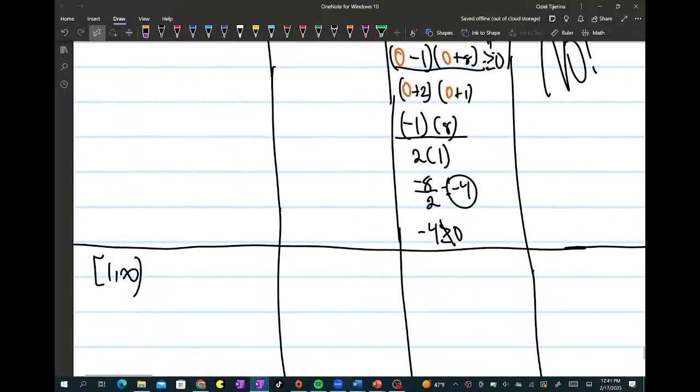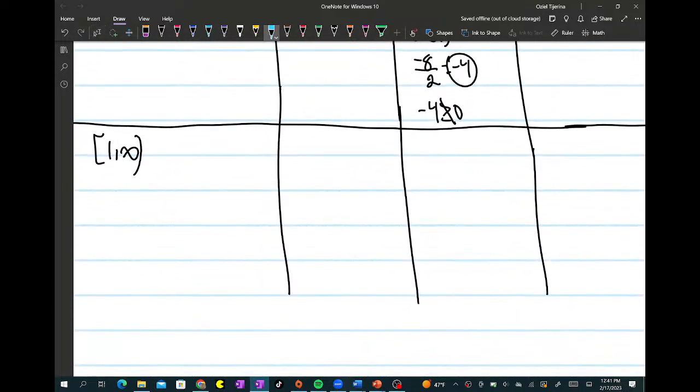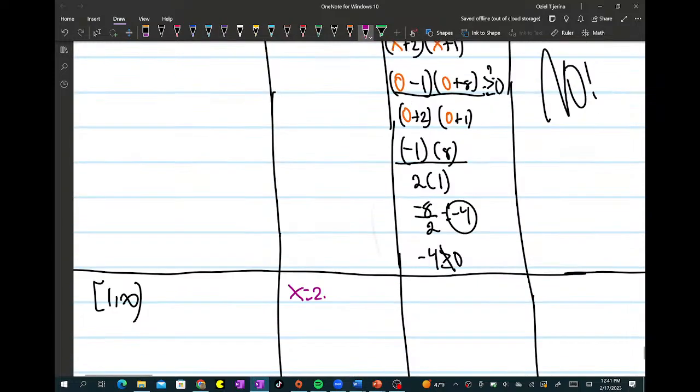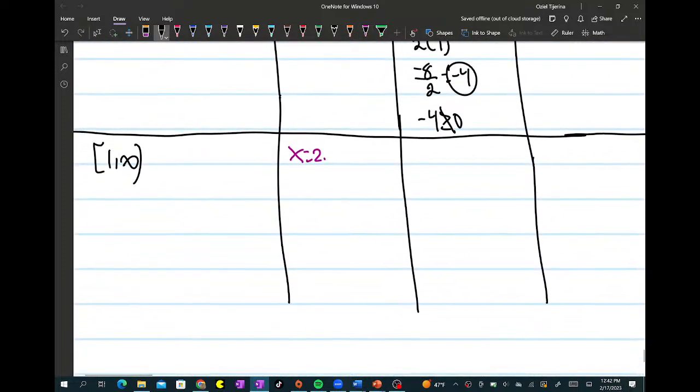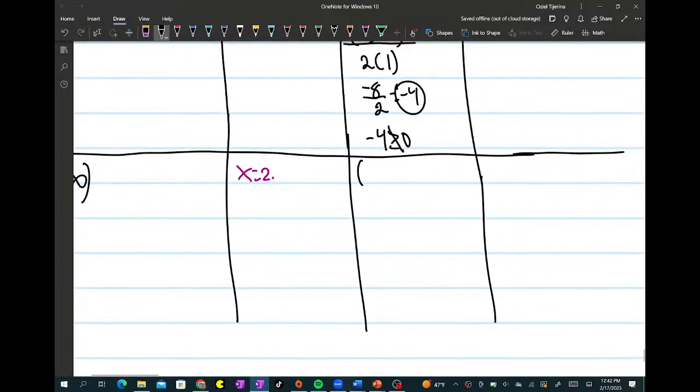So this one, let's do it at x equals 2. Again, I'm going to write down my expression.